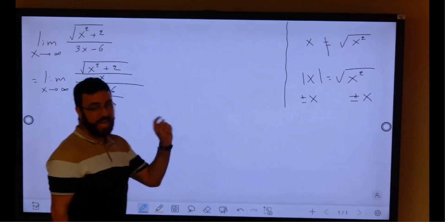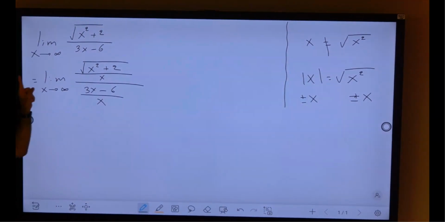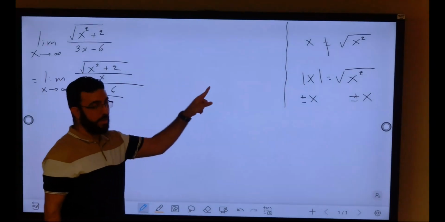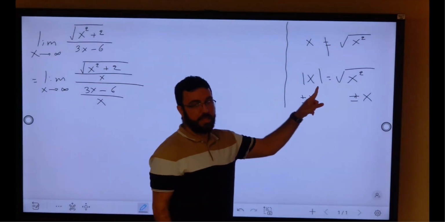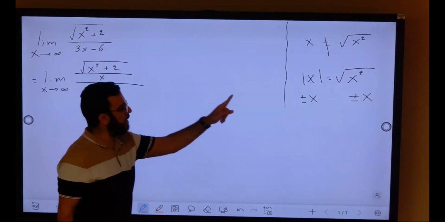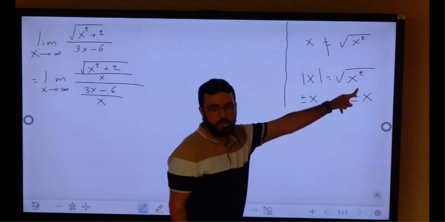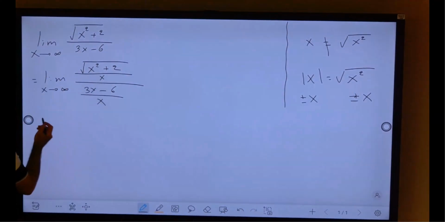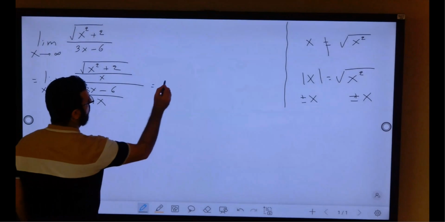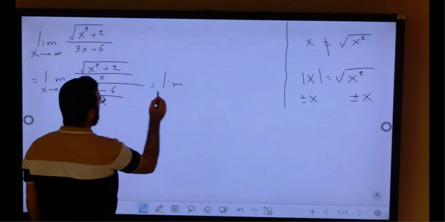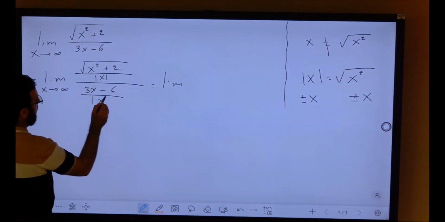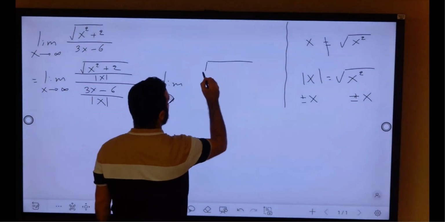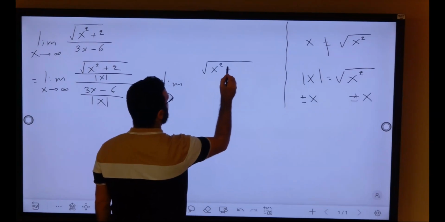So in this case, I'm not going to divide by x, I'm going to divide by the absolute value of x, and then on the top, I can convert the absolute value of x to the square root of x squared. So here, the limit, I'm going to divide by the absolute value of x. Let's see on the top, it's x squared plus 2.